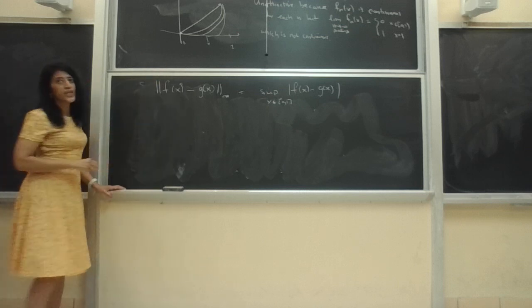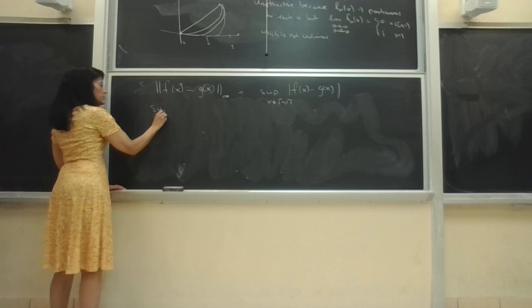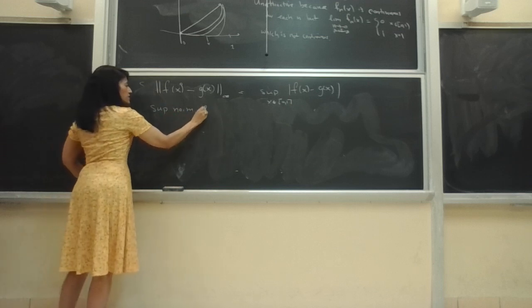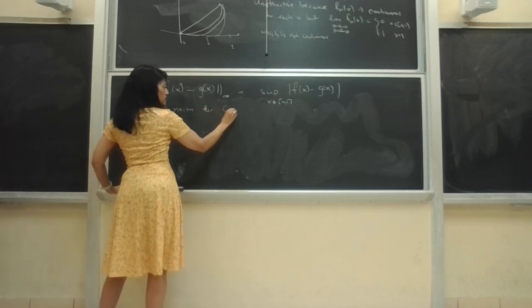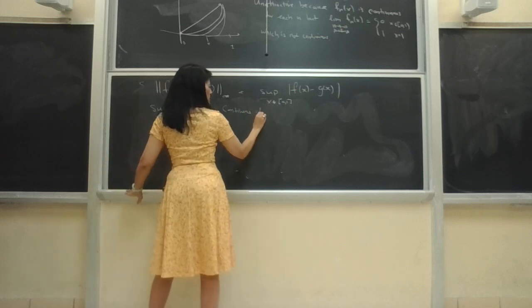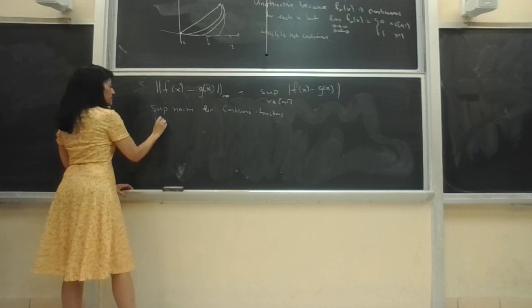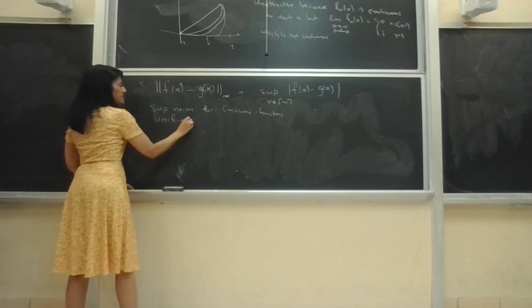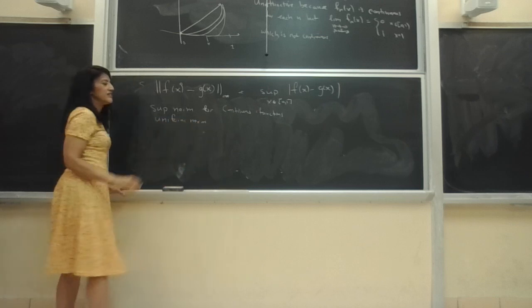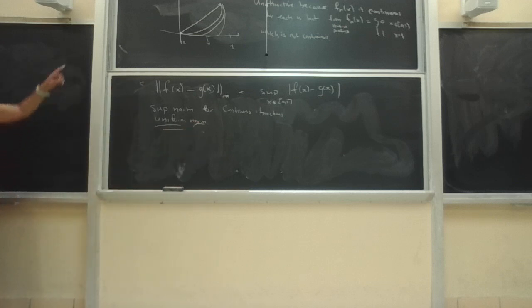And now this changes. Sorry, what is that called? Sup norm. This uniform norm, also known as the sup norm. And I brought it up because we want to preserve that property right now.